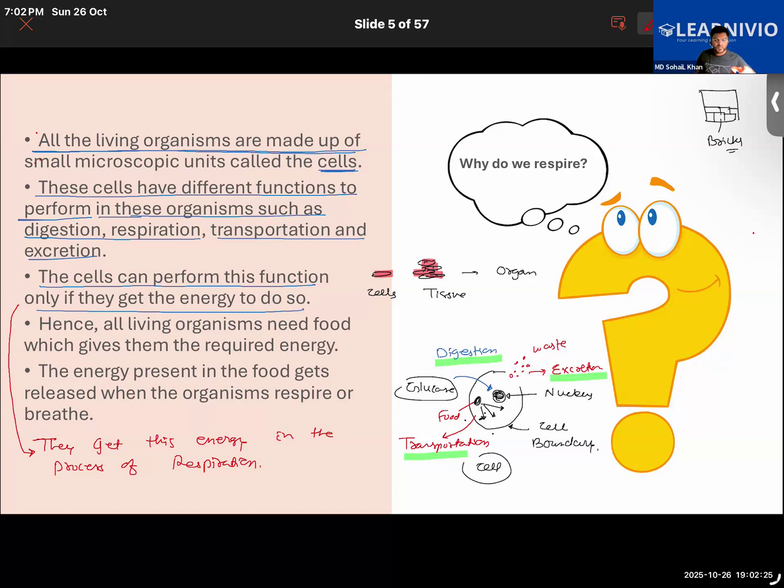They get this energy in the process of respiration. Done? It's the last word. Respiration.